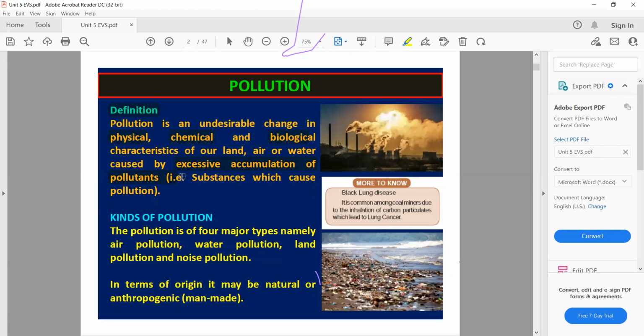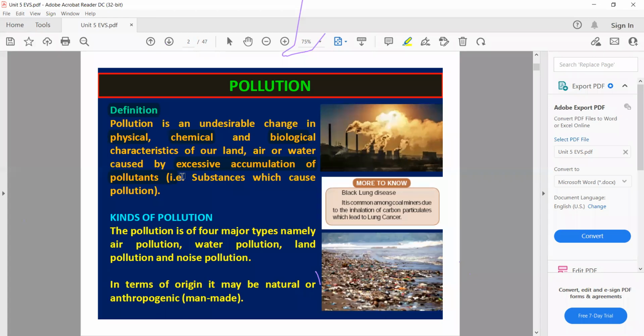So pollution is anything that has some detrimental, adverse effect on us and our surroundings. And the substances which cause this pollution are known as pollutants.